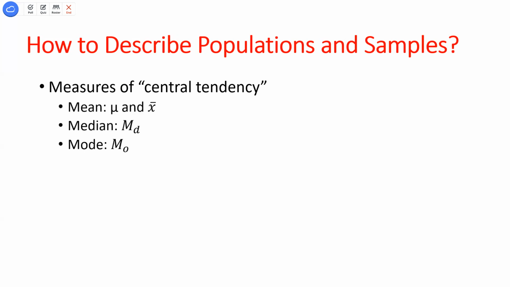So we've got three different measures, and we'll start to use a little more notation as we progress throughout the semester. 99% of the time, when we write out the population statistic, we're going to use Greek lettering.